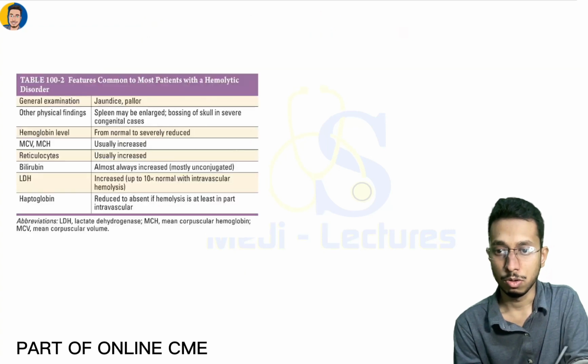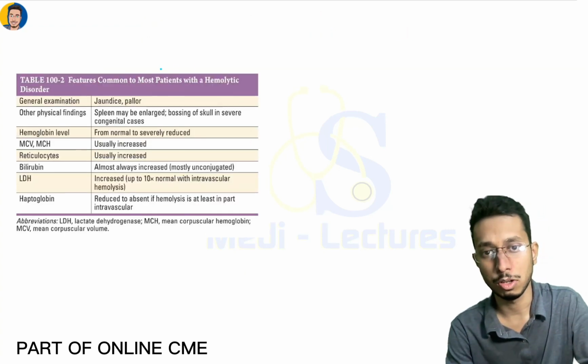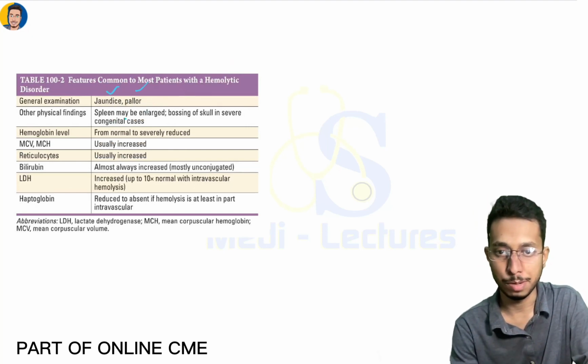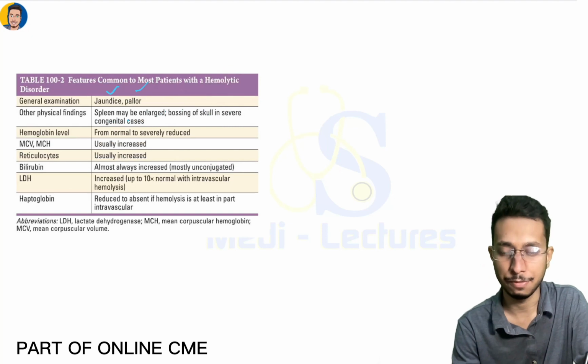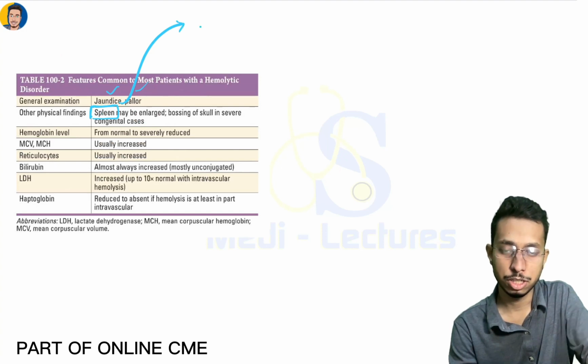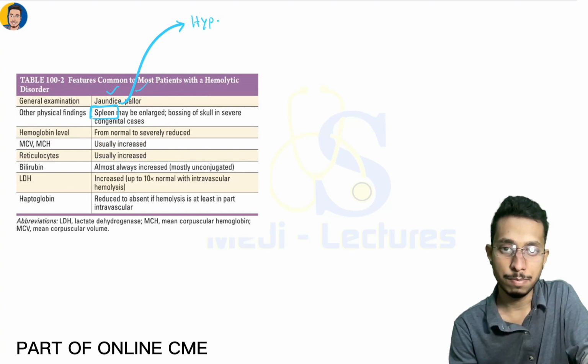Okay, so let's check the table from Harrison about the features common to most patients with hemolytic anemia. They usually present with jaundice and pallor. Spleen will be enlarged and there will be skeletal deformity. This enlarged spleen may lead to the condition of hypersplenism.